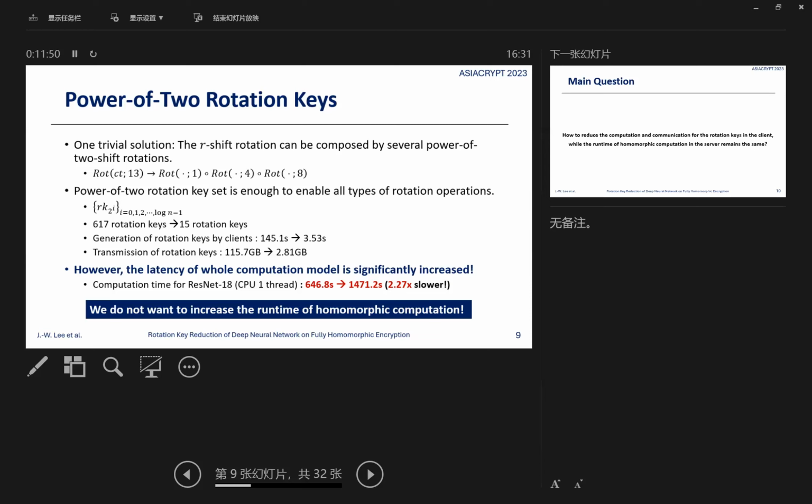So the rotation keys can be reduced, but the latency of the whole computation in the server is significantly increased. We simulated the computation time, and it is 2.2 times slower. So we do not want to increase the runtime of the whole computation.